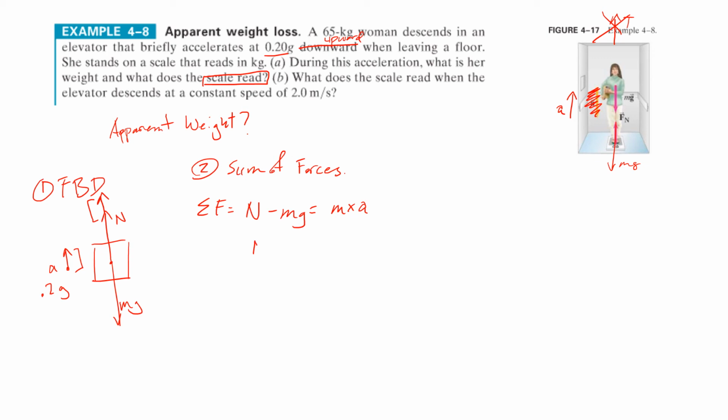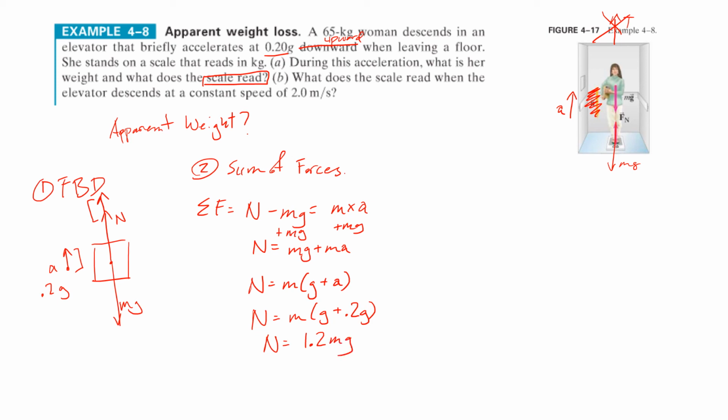So that means N, the normal force, is now, I'm going to add mg on both sides, mg plus ma. That means normal force is equal to m times g plus a, which is m times g plus 0.2 g. The normal force is now 1.2 of the mg. So now she's a little bit heavier, 20% heavier, okay?